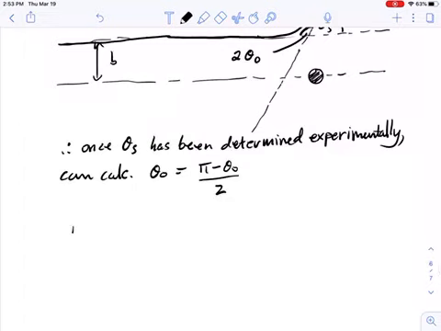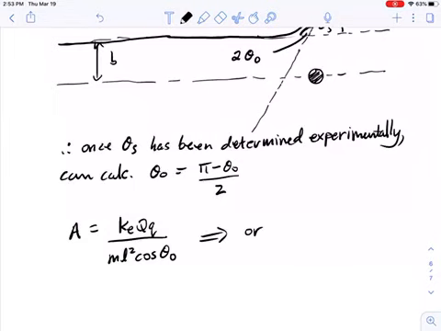And this parameter A, which was one of our integration constants, is determined by theta naught. So once we know theta naught, we could calculate A in the following way.